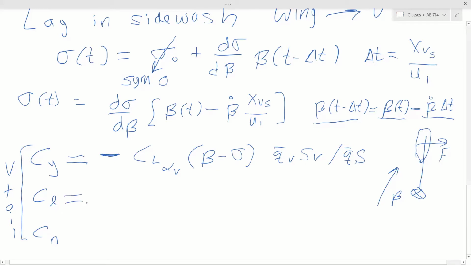And in the same way, we take this side force and then we just multiply by the moment arm, and that gives us the rolling and yawing moment. So the vertical moment arm that creates a rolling moment is ZVS, and we non-dimensionalize that moment arm by dividing both sides by Q bar S B for the moment, so that's how we get a B underneath this.